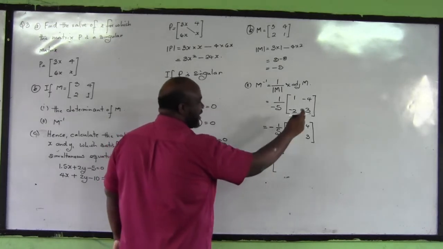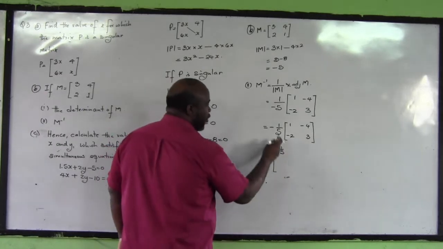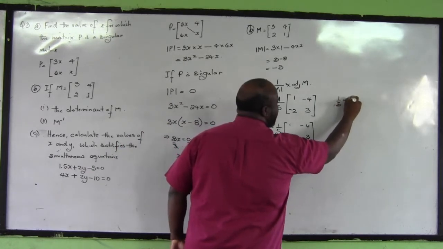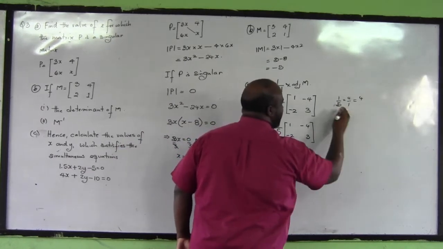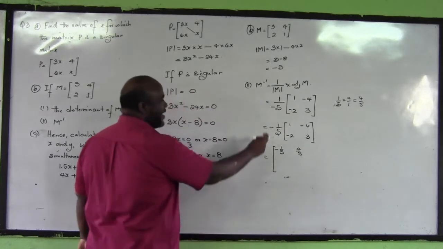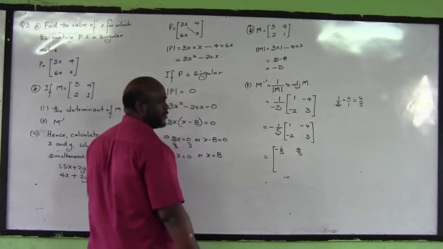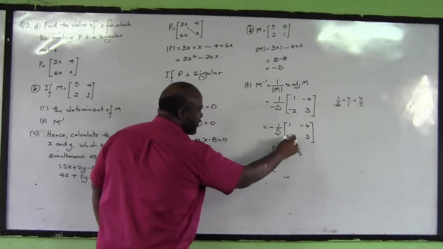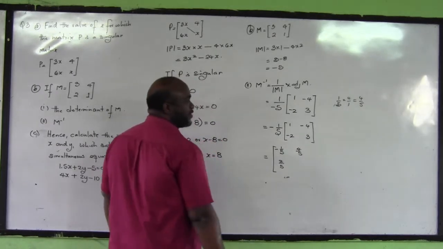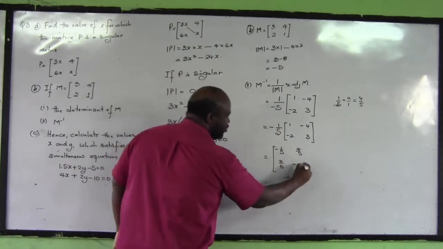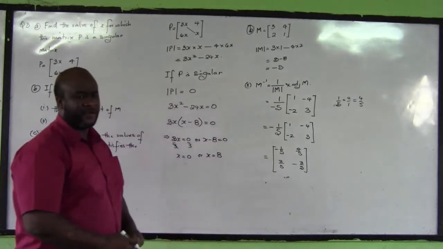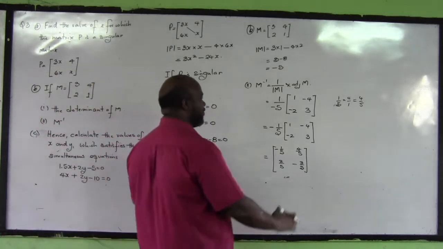A negative times a negative is a positive. 1/5 times 4 is 4/5. A negative times a negative is a positive. 1/5 times 2 is 2/5. A negative times a positive is a negative. 1/5 times 3 is 3/5. Ladies and gentlemen, this is M inverse.